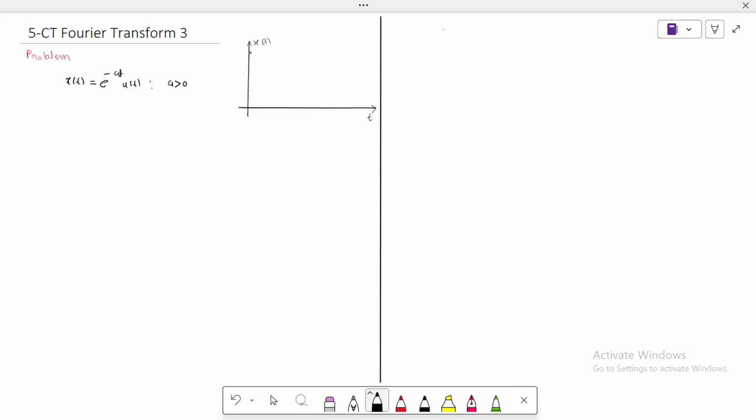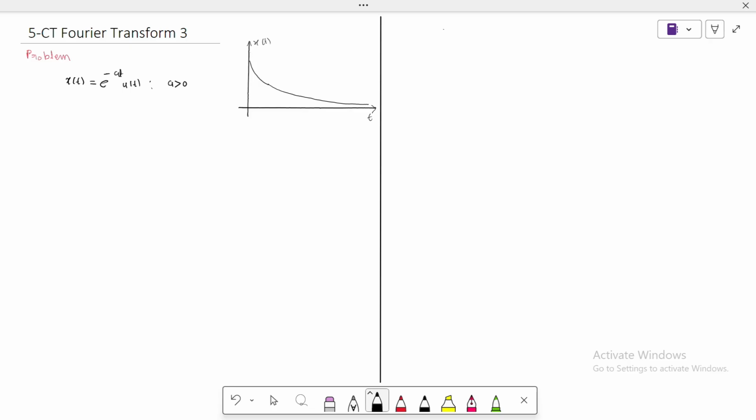At t equal to 0, the value equals 1, but it touches 0 at infinity. Up to infinity, it decreases. So this is the x of t.